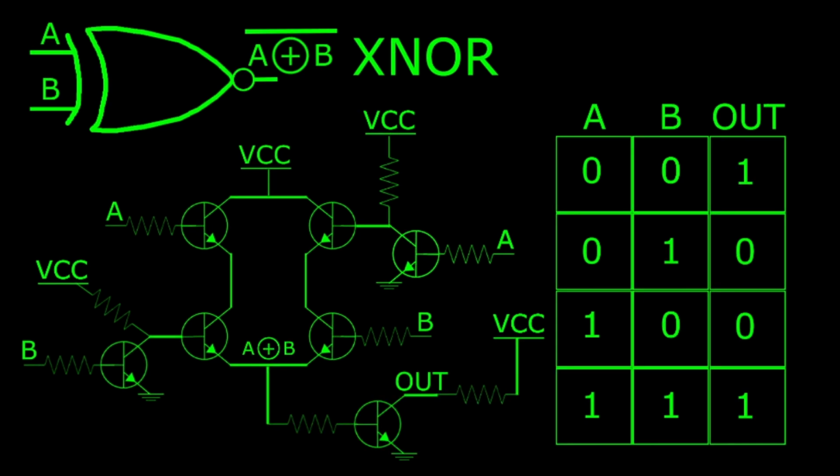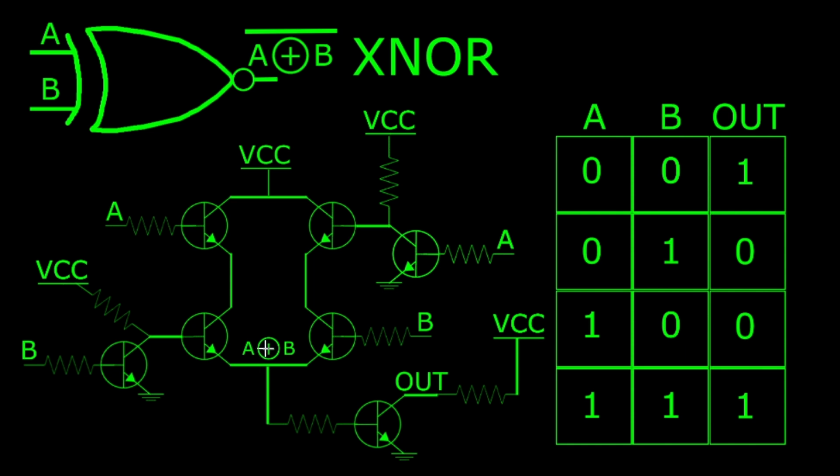So the final logic gate is the exclusive NOR gate. You can see in the truth table that it will output a 1 if its inputs are the same, unlike the exclusive OR gate, which would output a 1 if its inputs were different. That's because the exclusive NOR gate is the same as an exclusive OR gate, but at the output, we've added one more inverter.